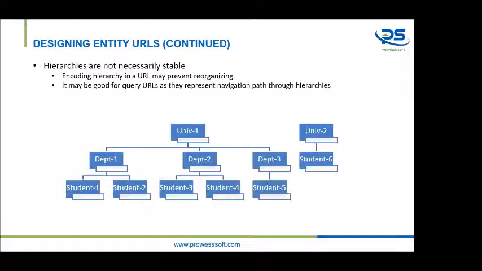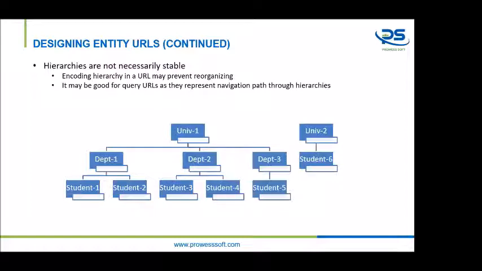Now that is to retrieve the information of a student given a student ID. It is not enough if you just do that, right? You will have to go in and get the department ID to which he belongs, and then create the URL to retrieve the student.